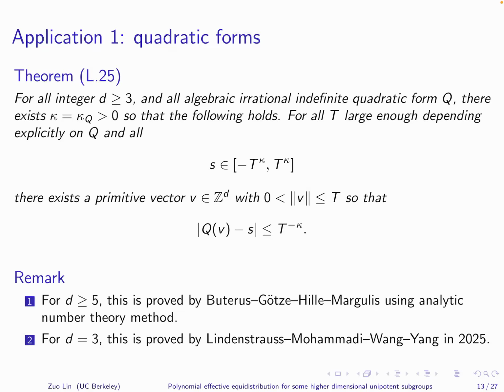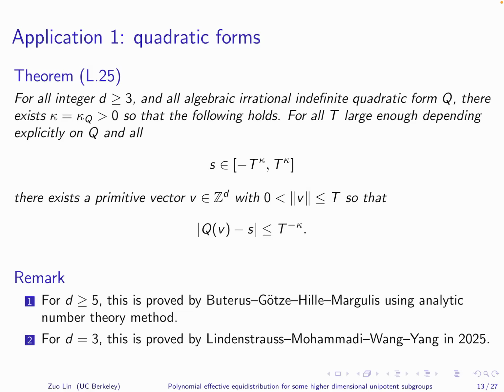So basically, the Oppenheim conjecture says that the values of indefinite quadratic forms on integer lattices are dense on the real line. And here it says that for s of size at most t to the kappa, I can approximate those values efficiently.